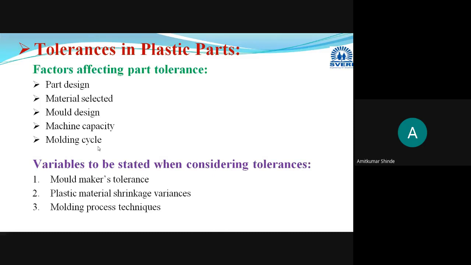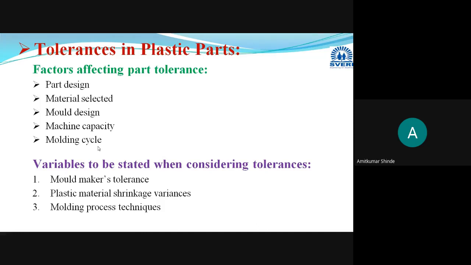Then the capacity of the machine. Okay, the capacity of a particular machine which you are going to use to give the desired parameters like temperature, pressure, and the required time, all these parameters will depend on the capacity of the machine.